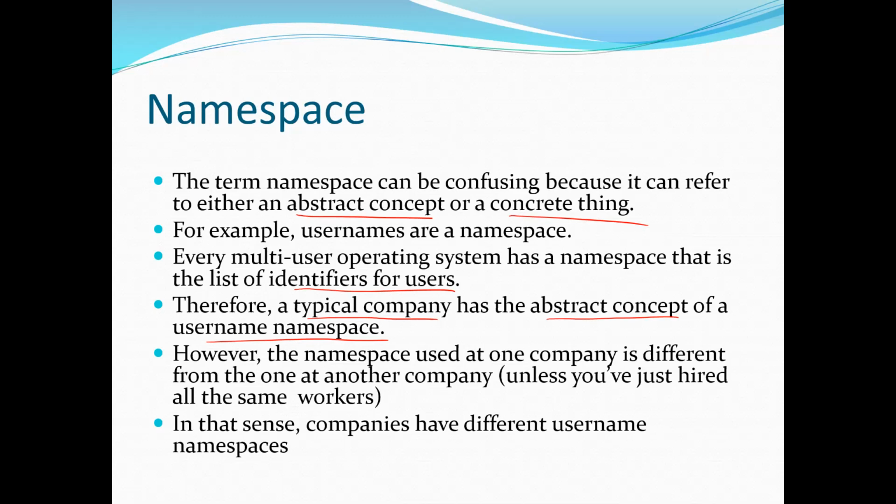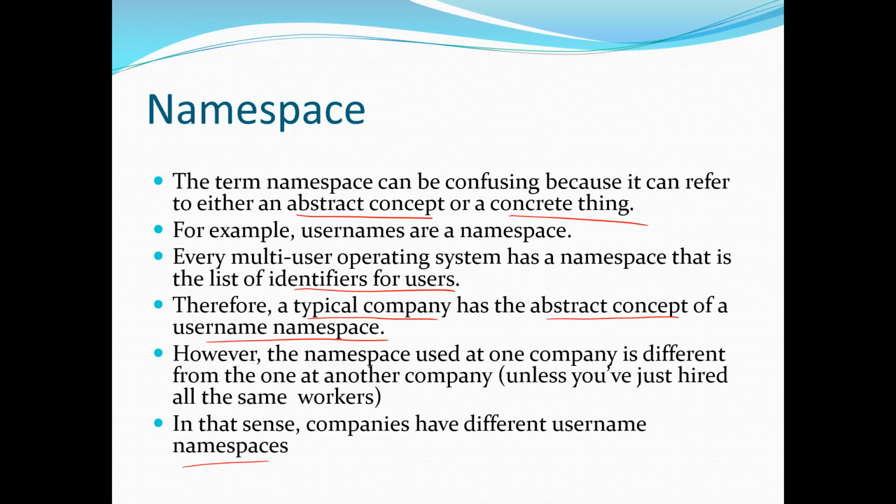So some people use, for John Smith, J. Smith, but in other companies they might say, Mary Smith, so they might say Smith.m, something like that. In that sense, companies have different username namespaces, right? But at the end, they will all have a namespace for users and for other devices as well.